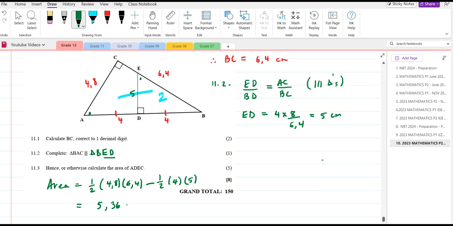I'm getting an answer of 5.36. Not units, because if I take the area of the entire big triangle minus the area of the second triangle, I'm getting, maybe I made a mistake here. I just want to calculate again and put it in order. Half base is AC, the height is 6.4. Let's work it out in steps.